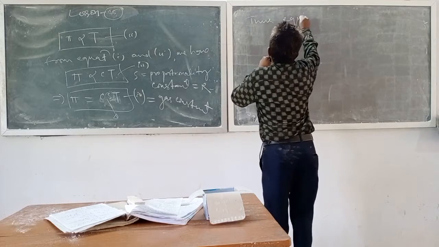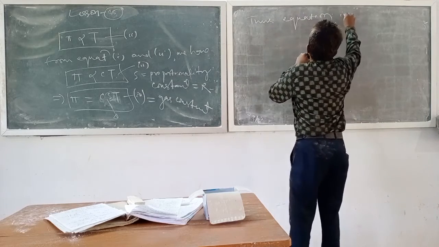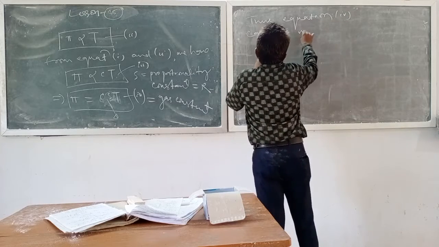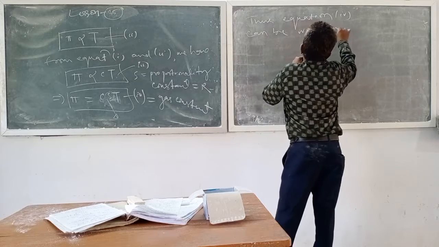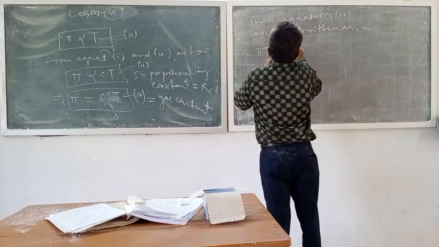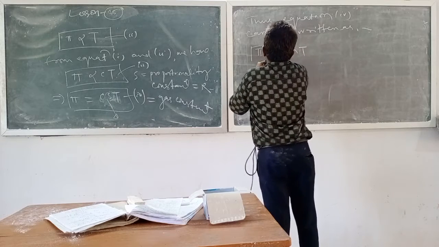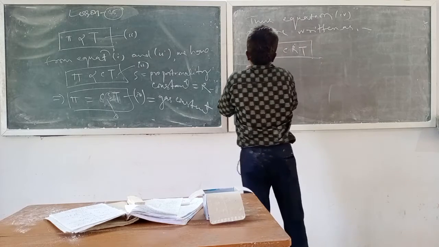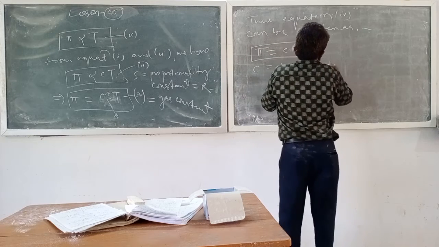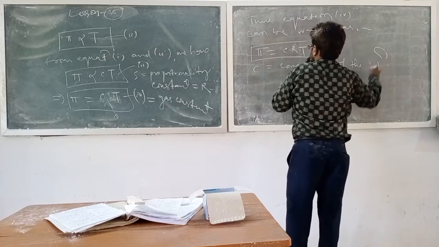Thus, equation IV can be written as pi equals C R T. Here C equals the concentration of the solution.